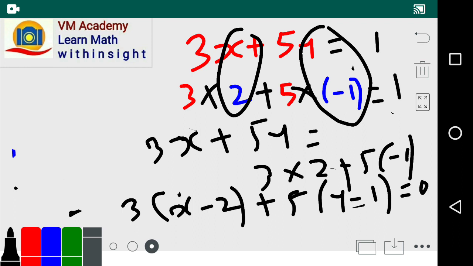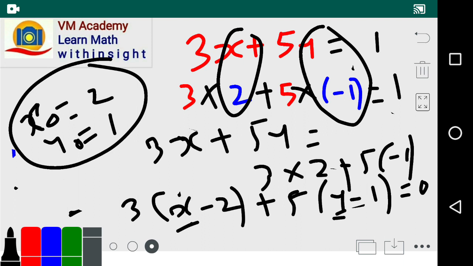Now clearly if we substitute x equal to 2 and y equal to minus 1, then we get 0 plus 0 equal to 0. So the initial solution is x equal to 2 and y equal to minus 1. We can denote it by x naught, y naught.